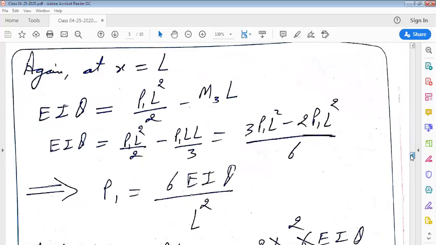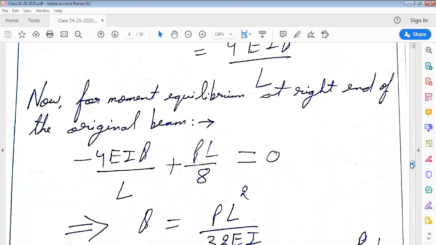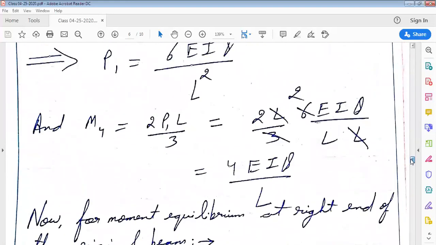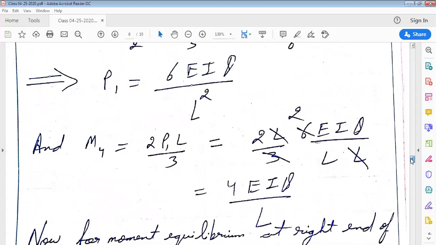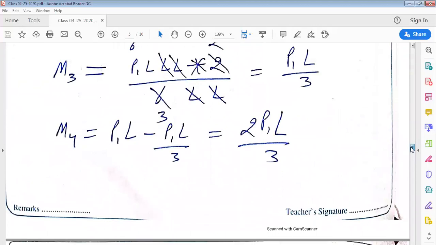So for moment equilibrium at right end of the original beam, minus 4 EI theta by L plus PL by 8 has to be equal to 0, where M4 is 4 EI theta by L and M3 is P1L by 3.